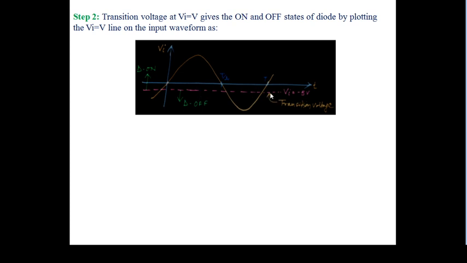You just draw it, and the diode will be on above this line. If the input is even minus 4 volt, the DC voltage is 5 volts, so the diode should be in on state. Above this line the diode will be in on state, and below this minus 5 volt line, the diode will be off. It's a very simple thing.